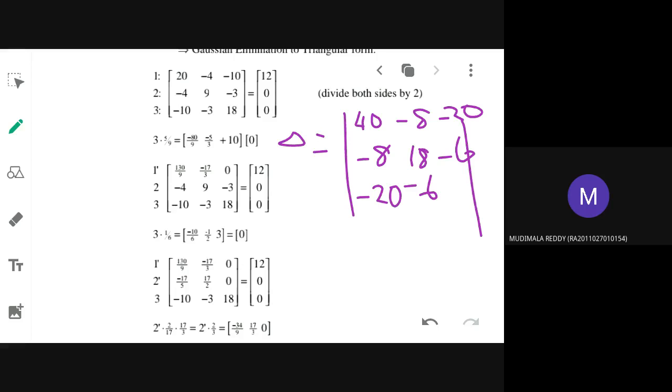Then what about R33? 36. Okay, tell me what is the del value. You have a calculator now? Calculate it and tell me. 13,056. All got 13,056?